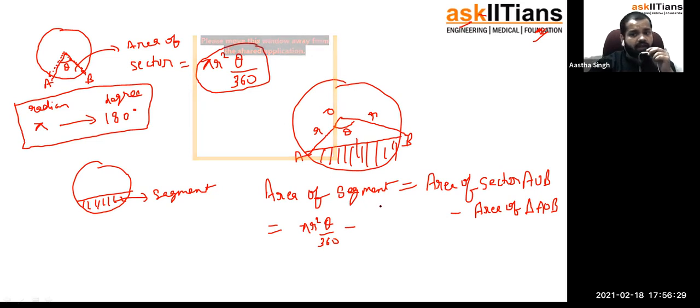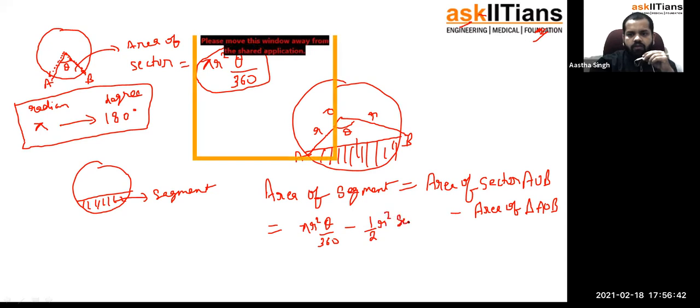What is the area of triangle AOB? AOB is a triangle having radius R, it is an isosceles triangle. So its area must be half R square into sin theta. We'll let you know why it is half R square sin theta.